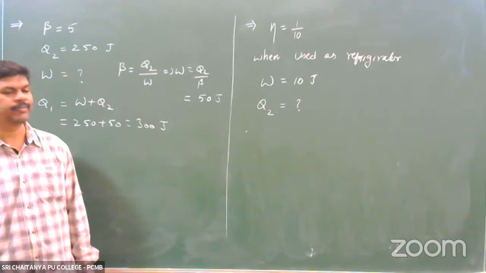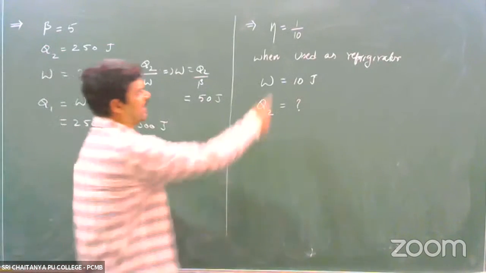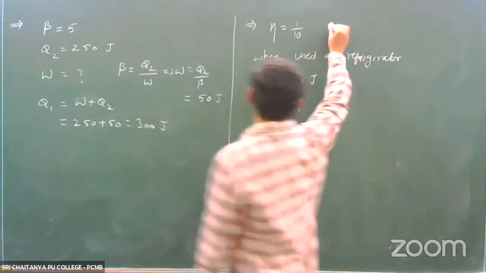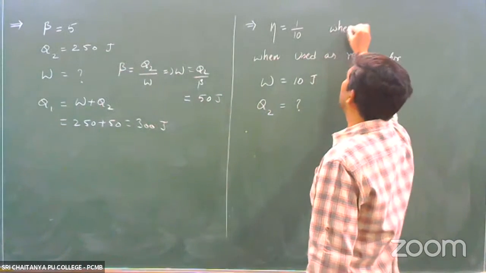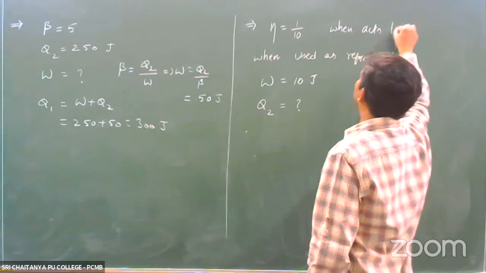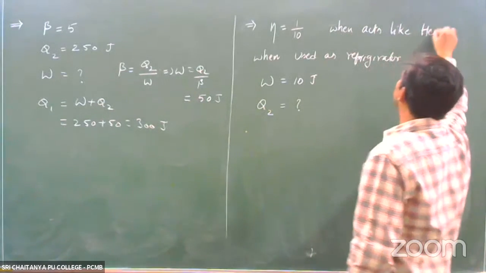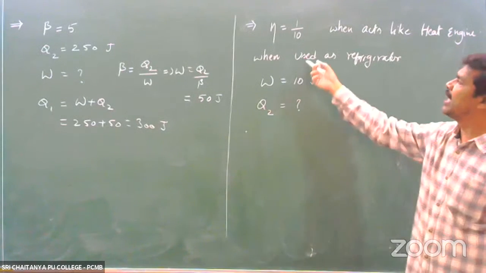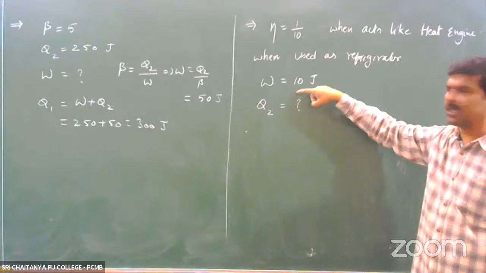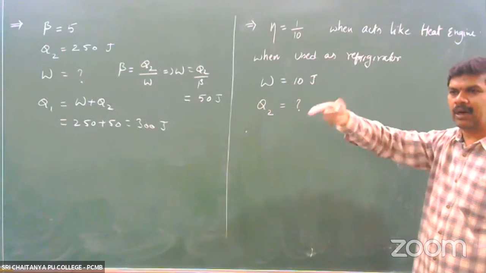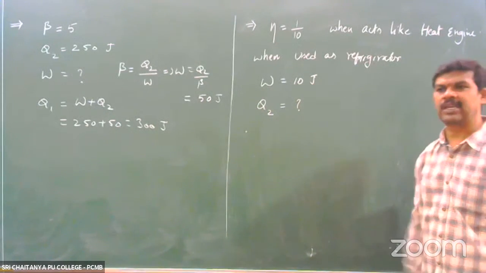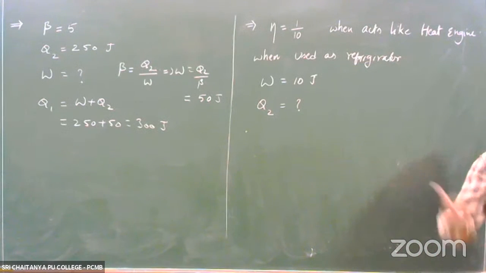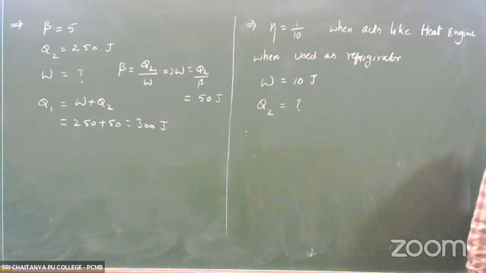That is the question. First, when it is acting like a heat engine, eta is 1 by 10. When it is turned into a refrigerator, this is the work done on the system. What is the heat taken from the cool compartment, from the sink?